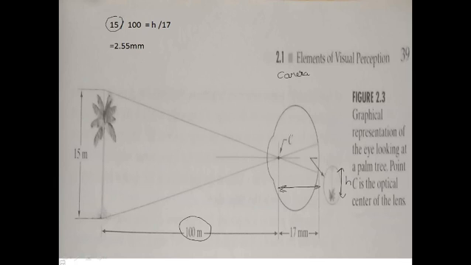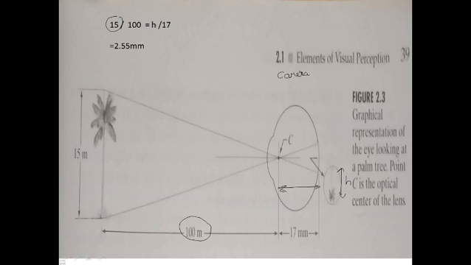So the difference between a camera and the human eye is that in a camera this distance can be varied, whereas in the human eye it is fixed at 17 mm.